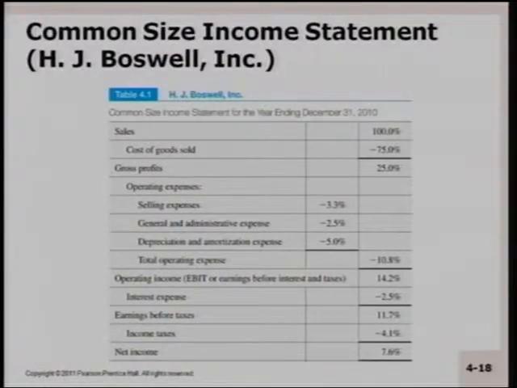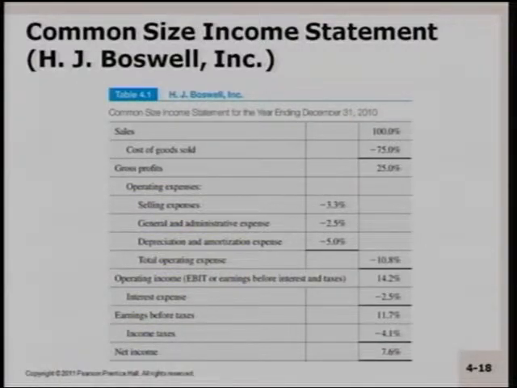We prefer the cost of goods to be less and the gross profit to be high. So the markup is 25%. What does it mean? It means $1 in sales generates 25 cents as gross profit.